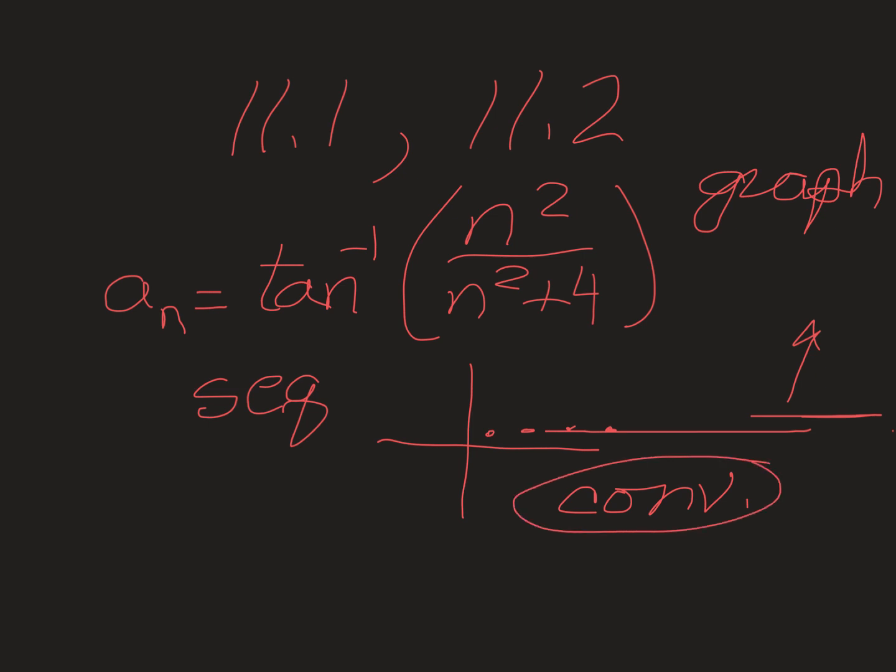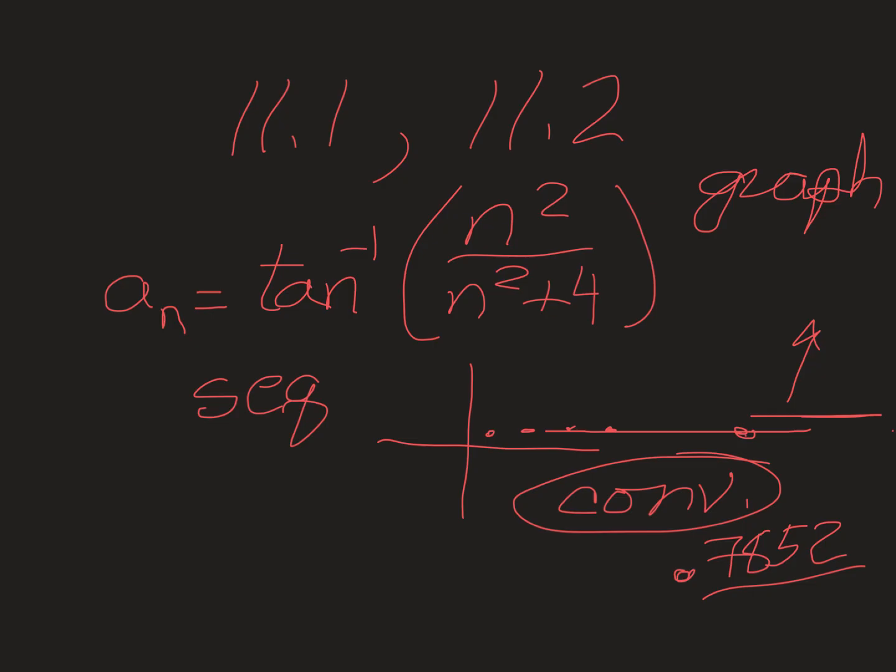So my guess is convergent, and that's what they wanted us to do from the graph. And then we could guess the value of the limit from the graph, and I could do that by just picking a value. And that value is 0.7852, that I picked. That's pretty close, but that's not a lot.